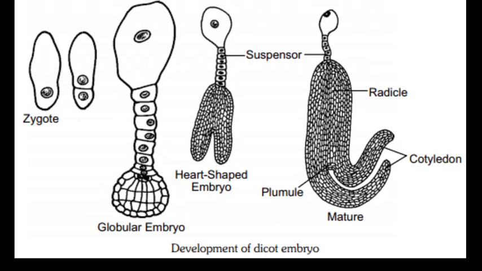The different stages of the developing proembryo are the globular and heart-shaped embryo, as you see in the slide, which finally form the mature embryo.